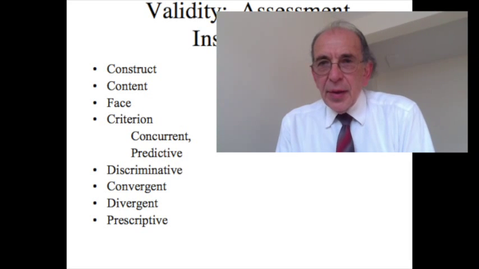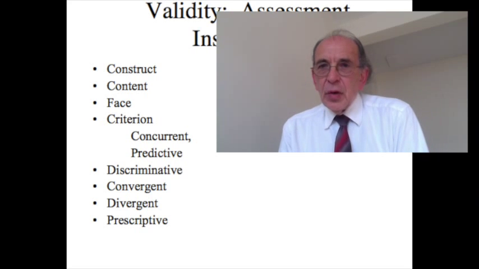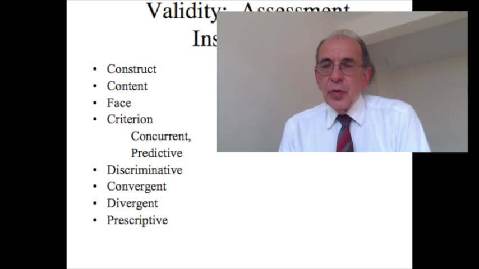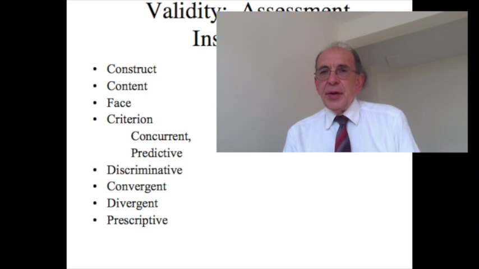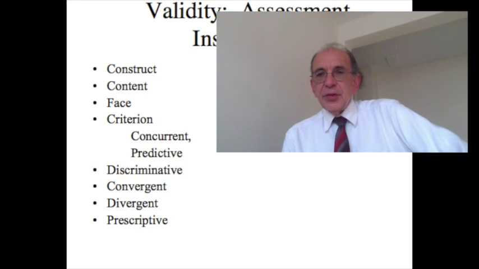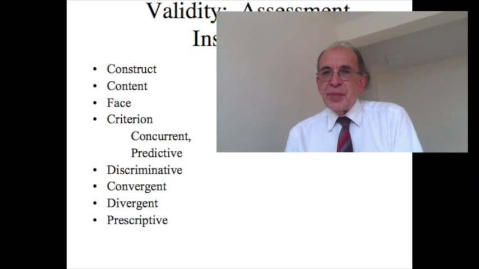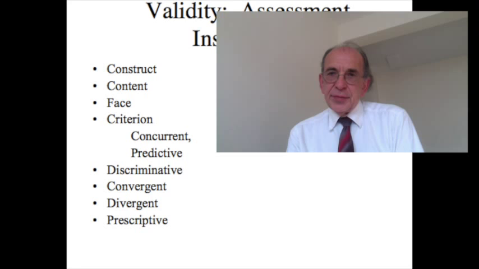Well, those are my comments on discriminative validity right now. One more part of discriminative validity. Within an assessment instrument, certain items are supposed to be measuring one thing, and other items are supposed to be measuring something entirely different. For example, there may be some items that are meant to measure language content, and some syntax.